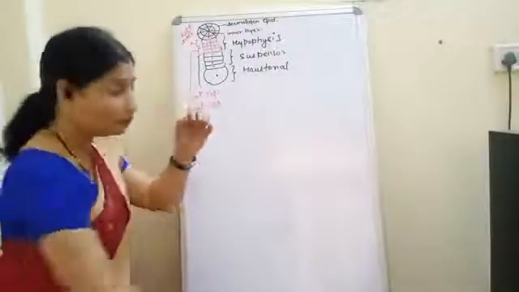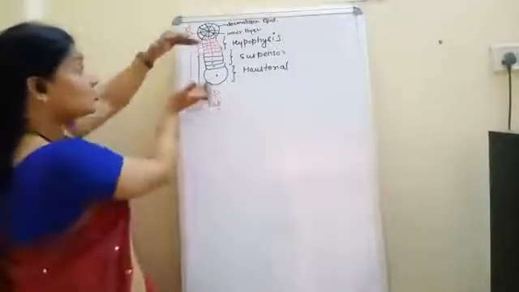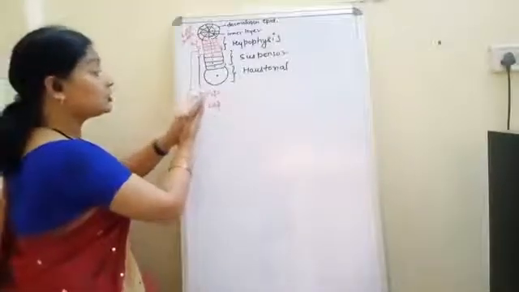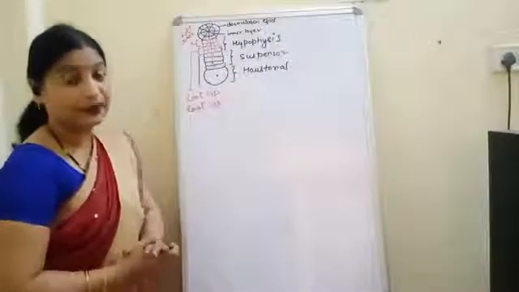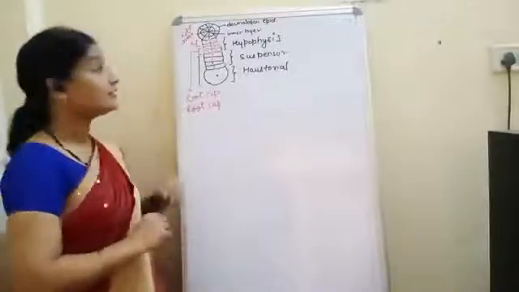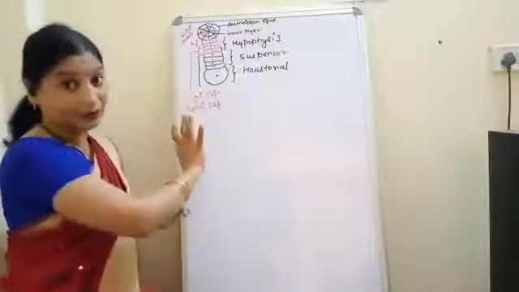Clear? Now, the lower 4 cells, which are towards the suspensor, will give rise to the root tip and root cap, and the upper 4 cells of the hypophysis, which are towards the proembryo, will give rise to the root cortex. Okay, so till here it is clear now.